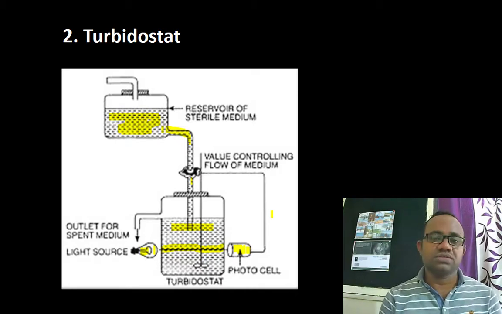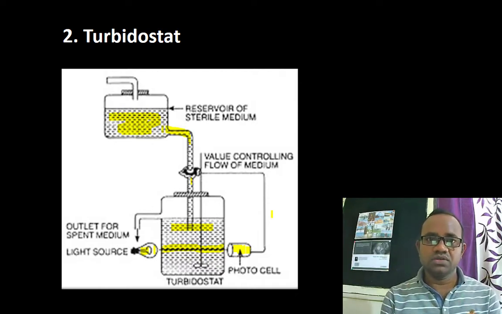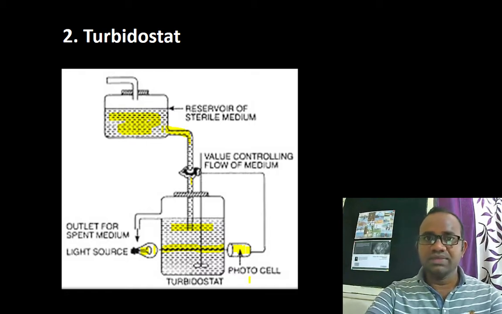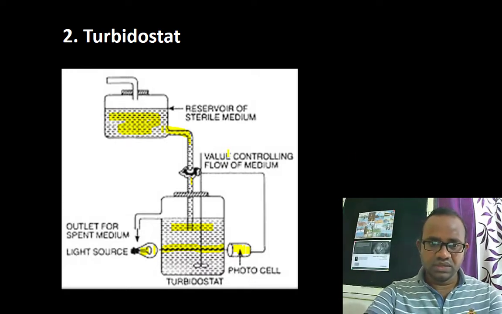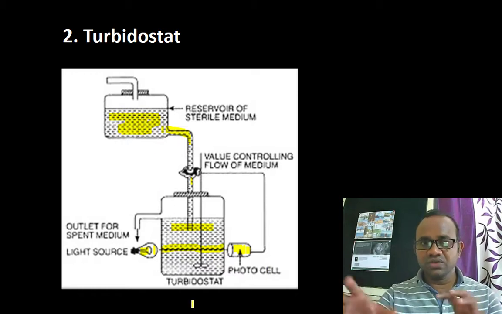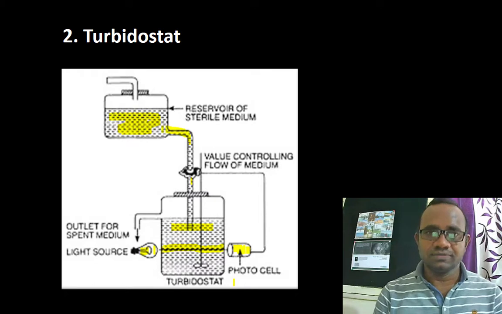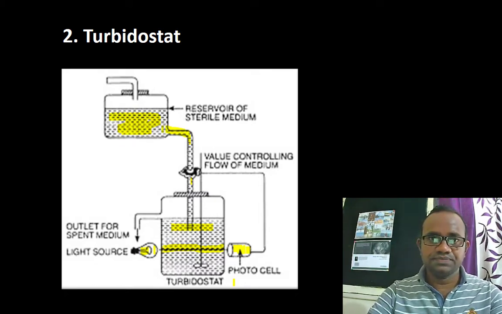Based on the value obtained from the photocell, we determine the growth of the bacteria inside the turbidostat. The amount of growth can be calculated just by measuring the turbidity, so the photocell and the light source are important here. In this way we can control the growth of bacteria, or maintain it at a particular stage, by having this turbidostat.